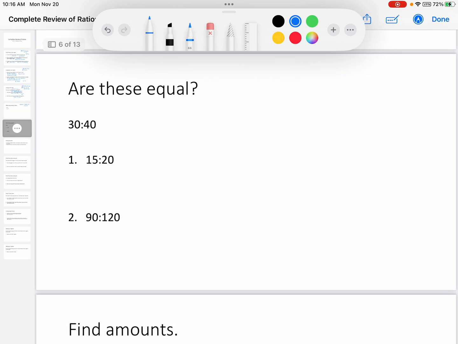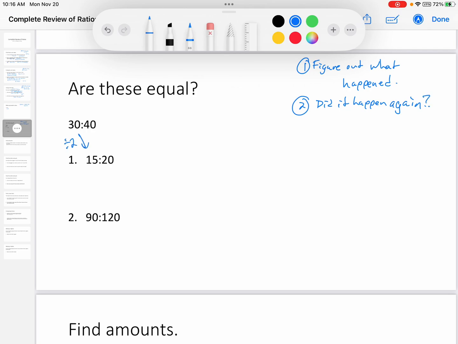Let's move on. Are they equal? Figure out what happened. Did it happen again? Okay, 30 to 15 is divided by 2. Did it happen again? Is 40 divided by 2 equal to 20?